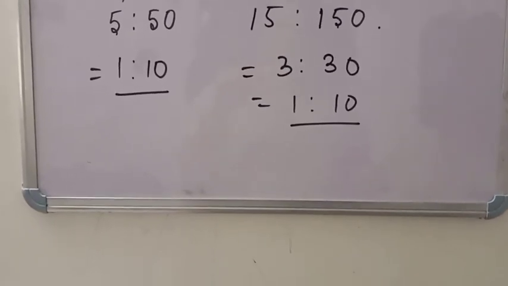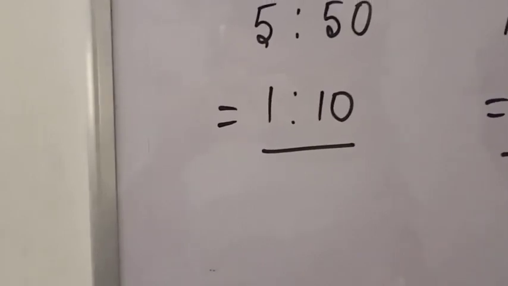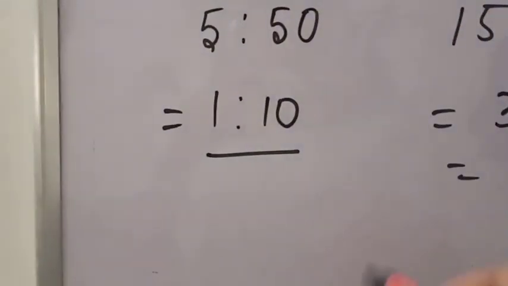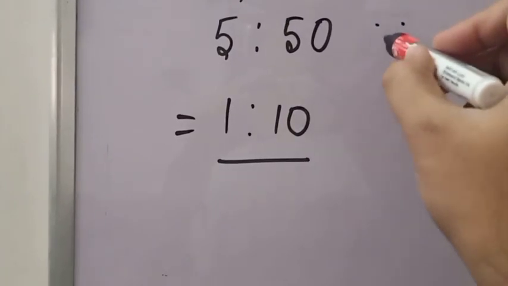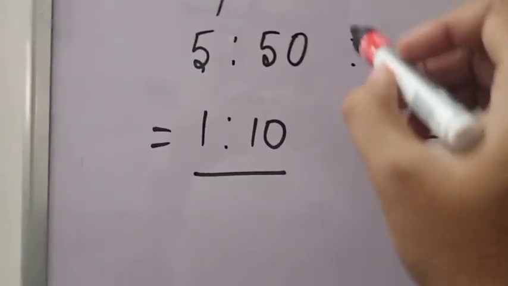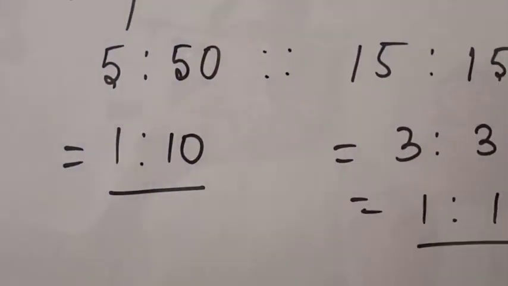The formula of proportion is that the product of the extremes equals the product of the means. We usually use this type of symbol for proportion: 5:50 proportionate to 15:150.